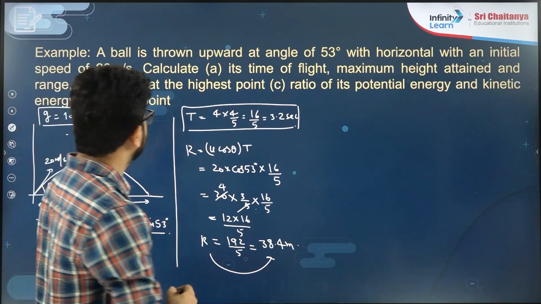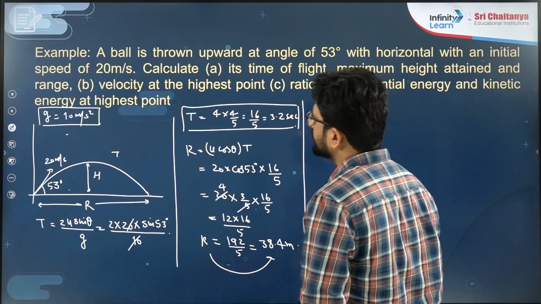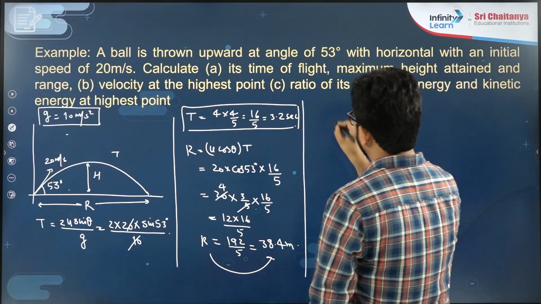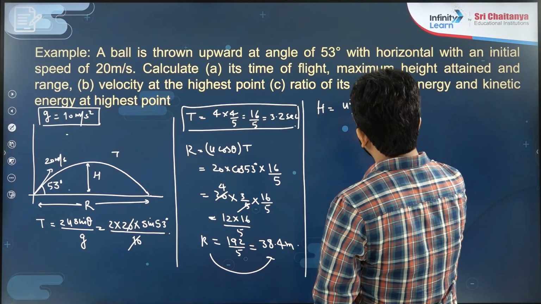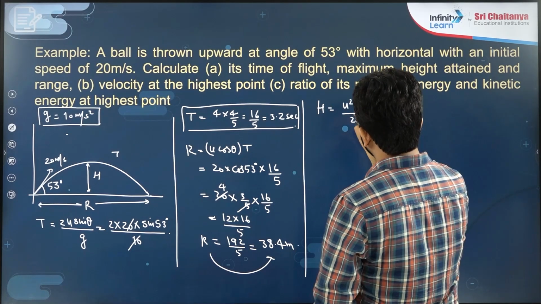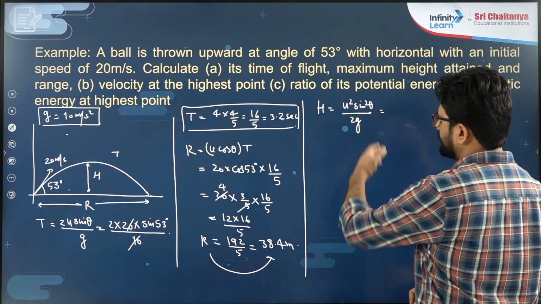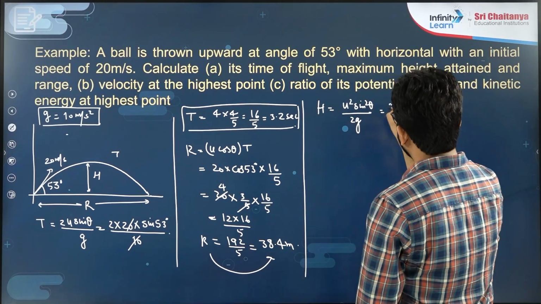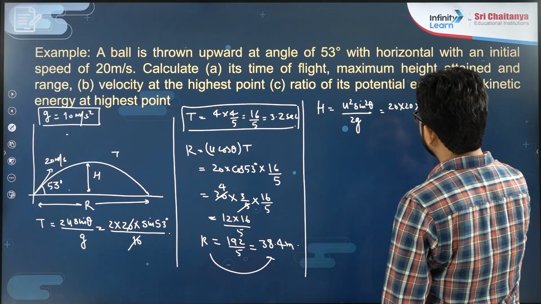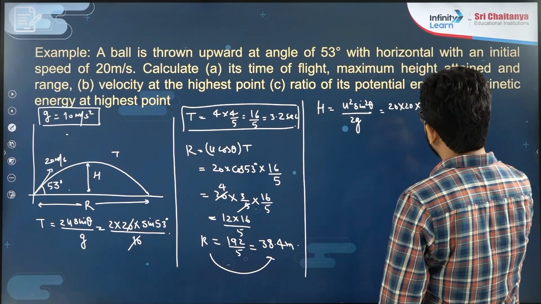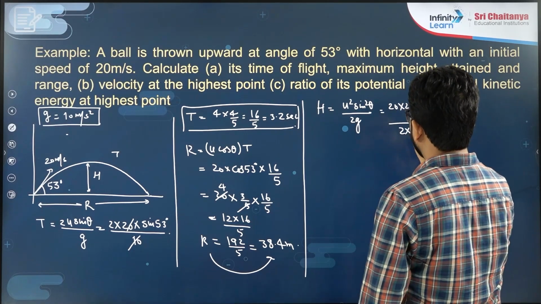Okay. Now another part, you can calculate from here, what is the maximum height? What is the maximum height? That is equal to u square sin square theta divided by 2g. What is u? Again you can put the value, that is 20 into 4 by 5, upon 2 into 10.